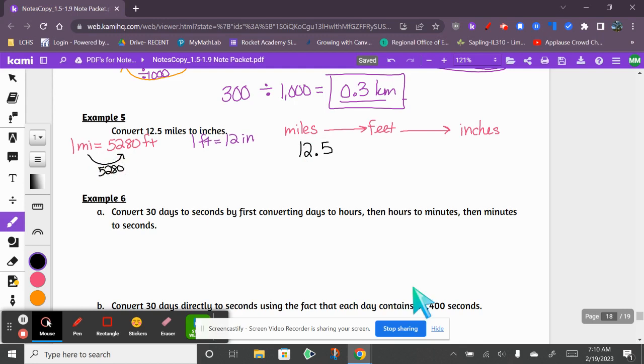I'm going from the number 1 to the number 5,280. So I'm getting larger, so I'm going to multiply if I'm going from miles to feet. So I'm going to multiply that by 5,280. So now I have 66,000 feet.